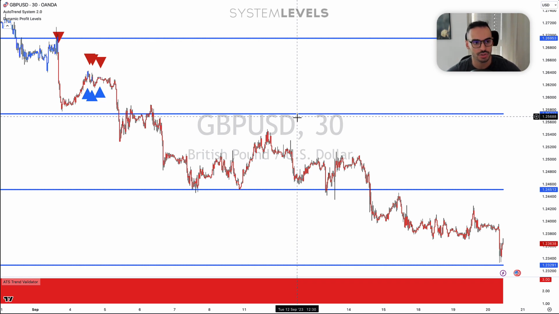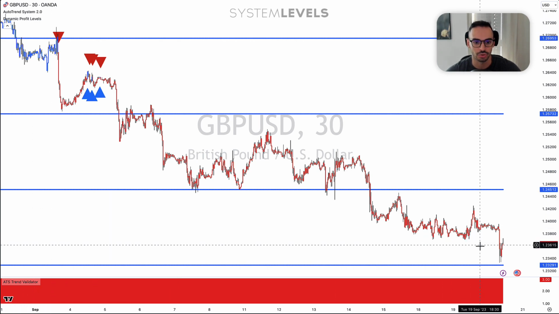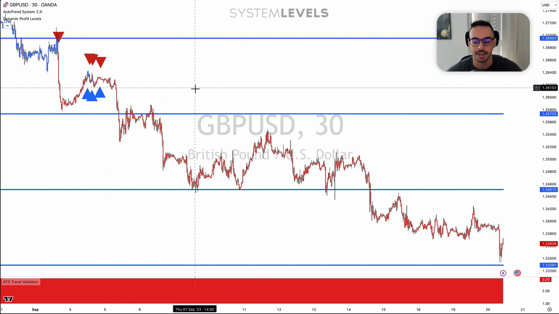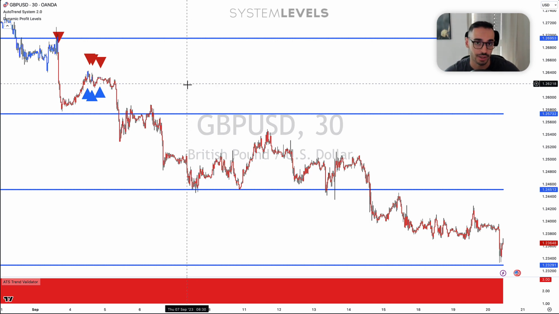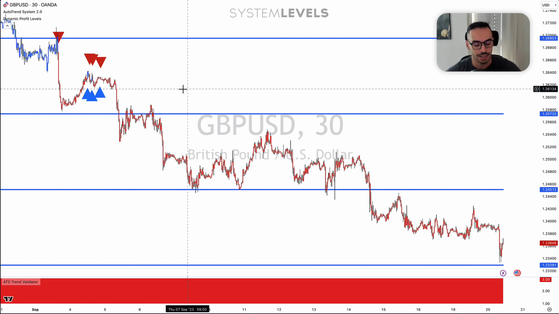We're going to be using the AutoTrend system, the dynamic profit levels, and the trend validator, all together to help us form a concrete plan and strategy to take advantage of this really big downtrend that unfolded on British pound USD and potentially capture a max profit of 290 pips. Obviously, how much that is in monetary value depends on your account size. So let's go ahead and do that.